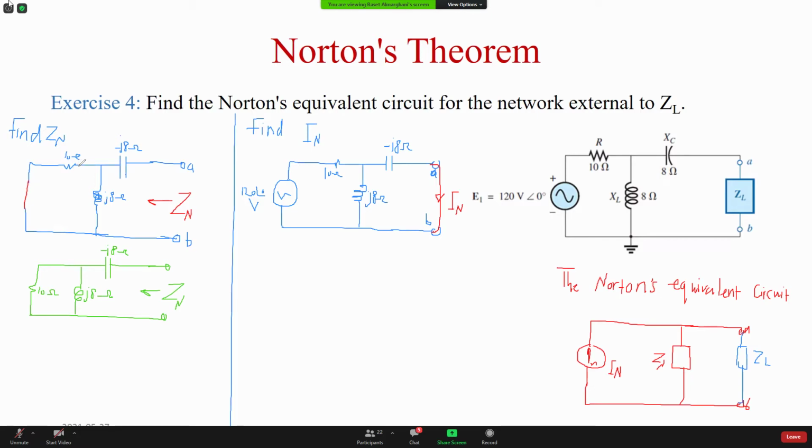I just put this as one branch. I put it here, just here. It's the same. If you go through this branch, you're gonna face this resistance. Now I can see that clearly these two are in parallel. So I want to combine them into one impedance.